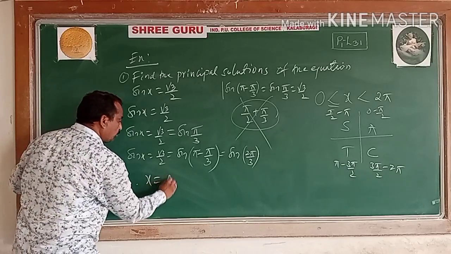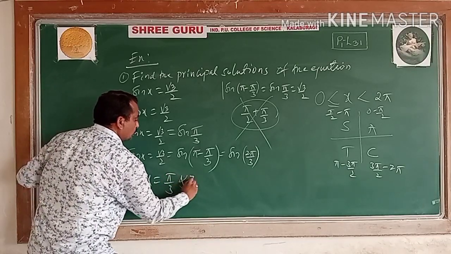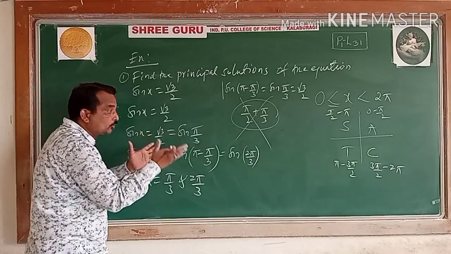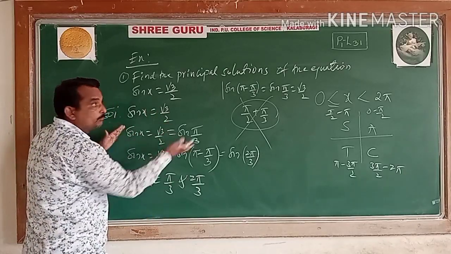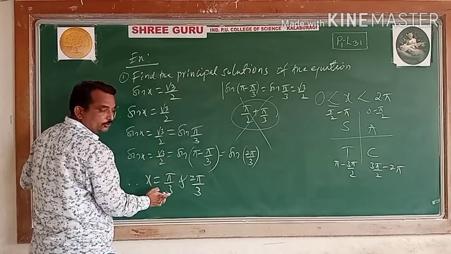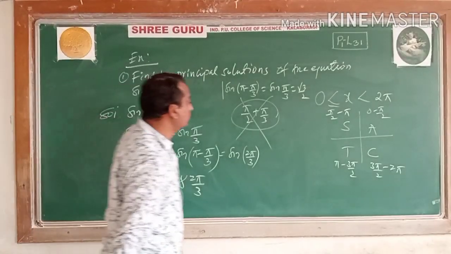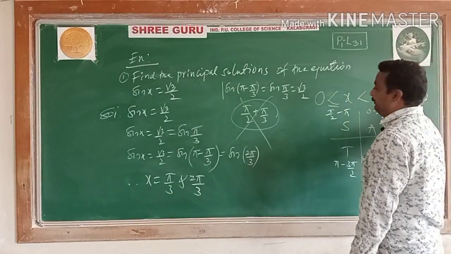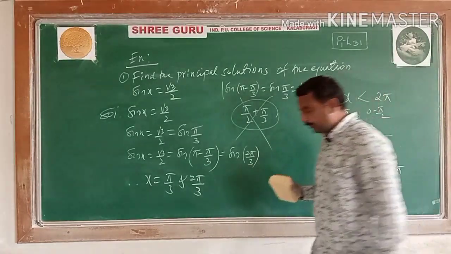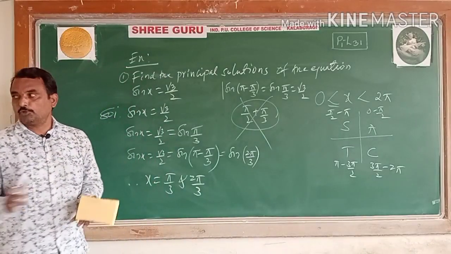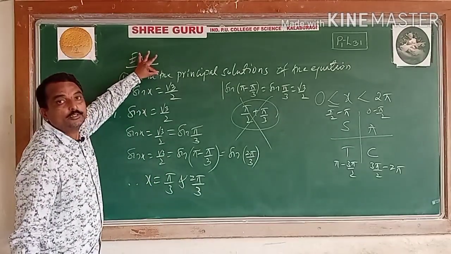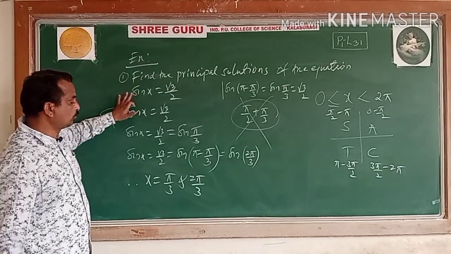Therefore x equal to pi by 3 and 2 pi by 3 are the solutions in the interval 0 to 2 pi, also called the principal solutions of the given equation sin x equal to root 3 by 2.